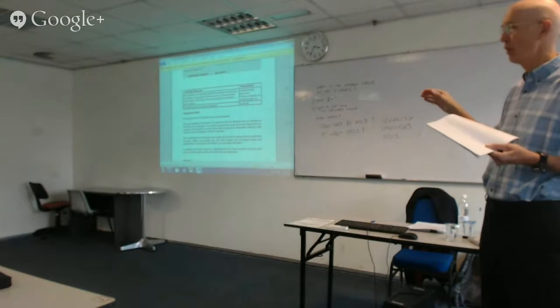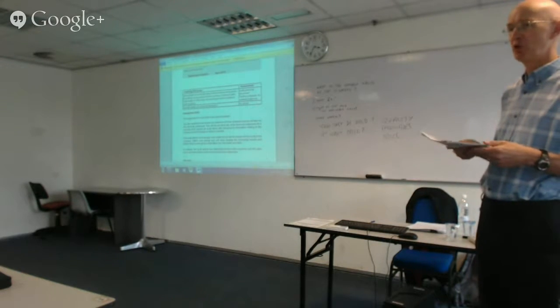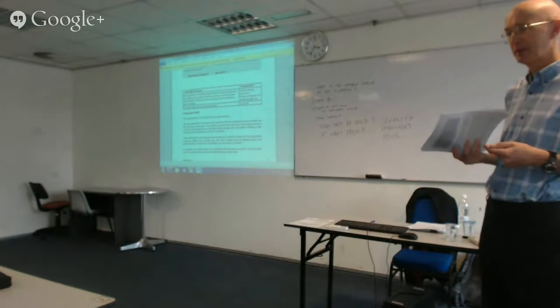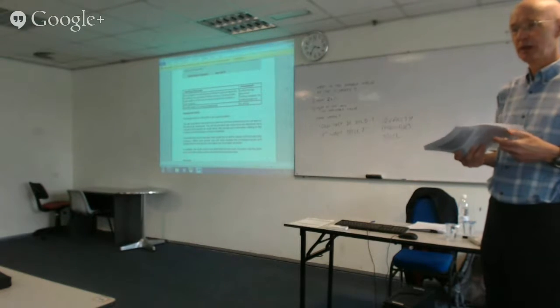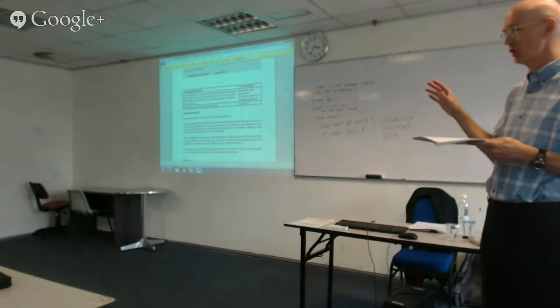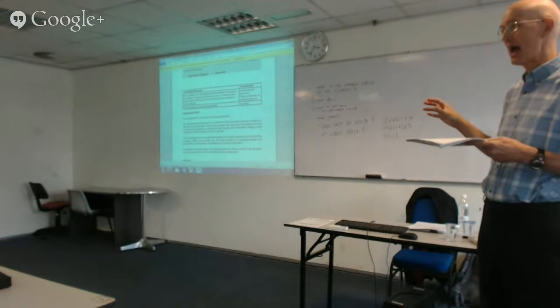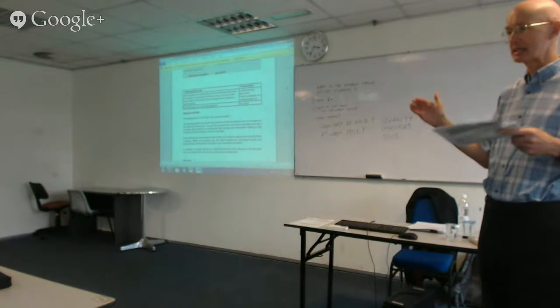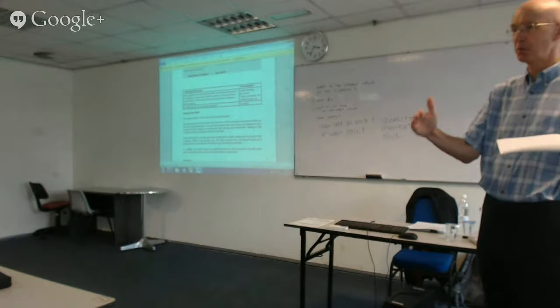Using that, what we're going to do is develop an overall audit plan. So what you'll need to do is work out from that information what are the main risk areas that the audit needs to address.